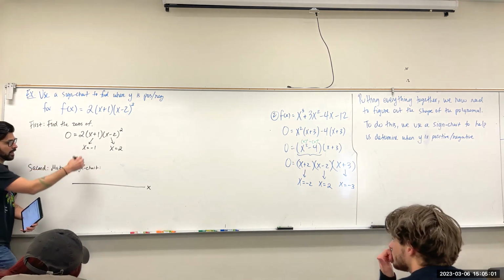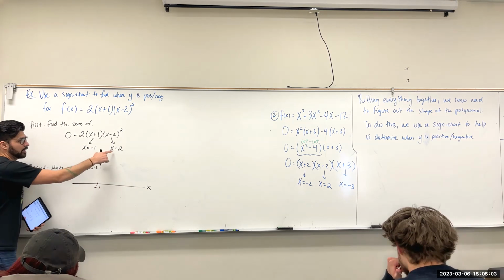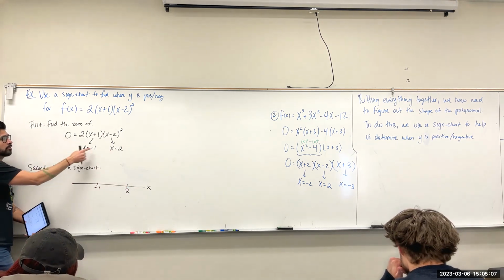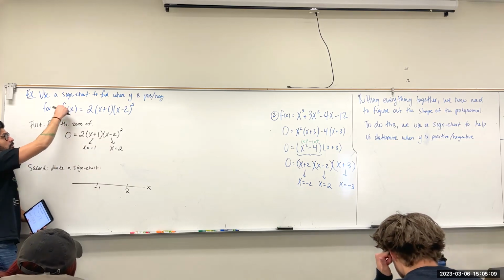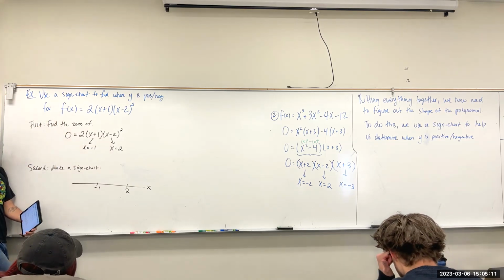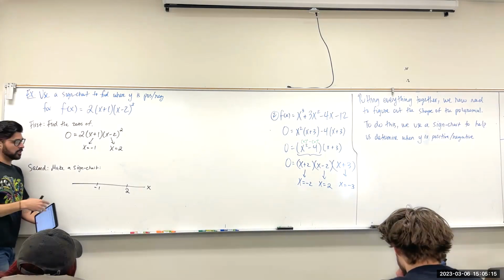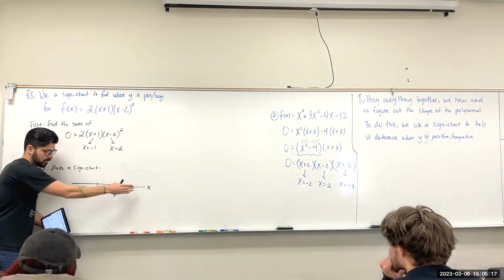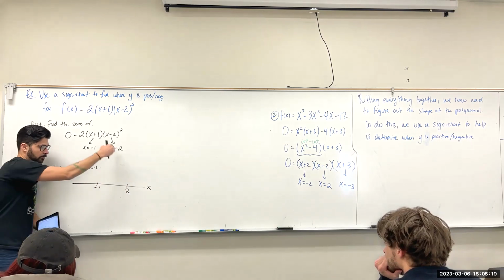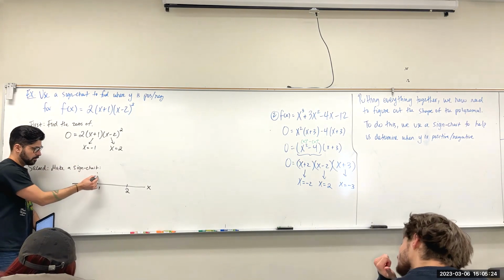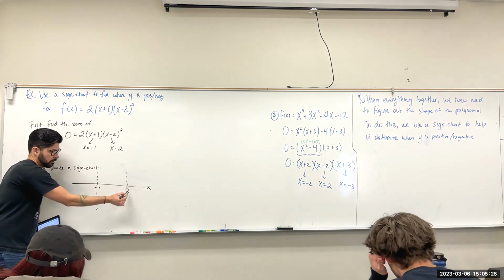We know that at -1/2 and at +2, those x values make my function, the y value, 0. Is that cool? So what you're going to do is split up your x-axis using the zeros. They're going to be like anchors. You're going to split up the x-axis like that.